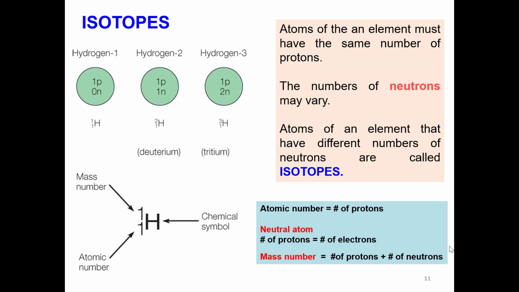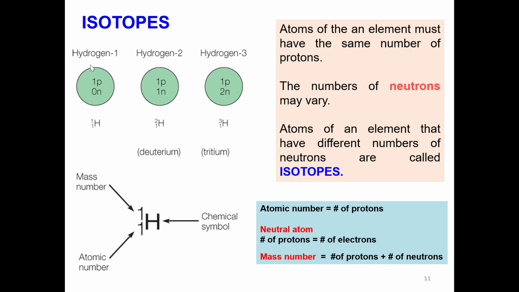Now we want to talk about isotopes. Isotopes are atoms of an element that all have the same number of protons.